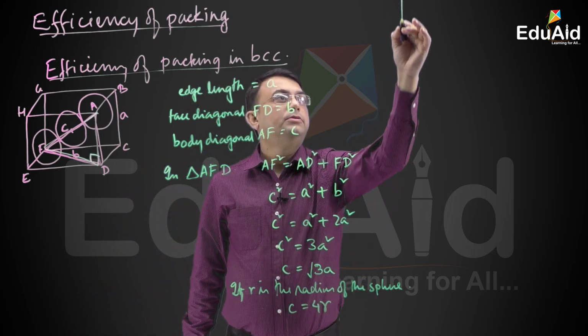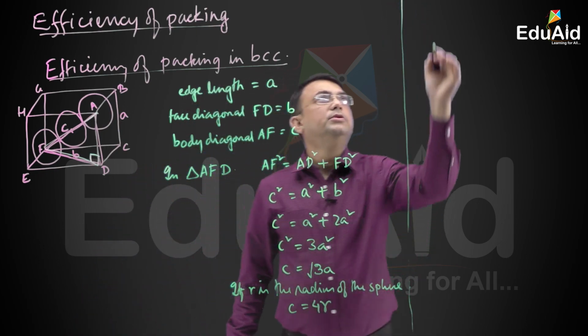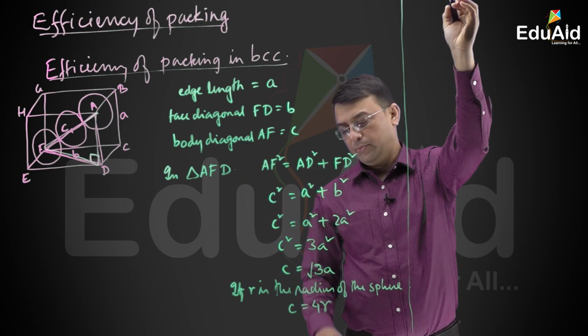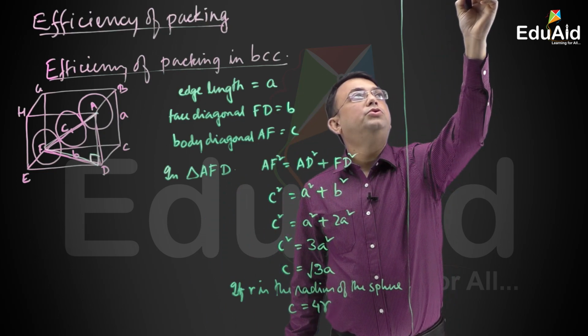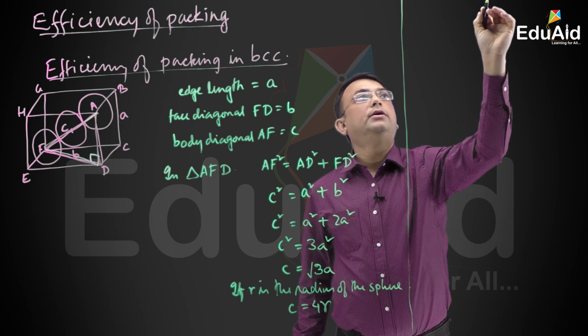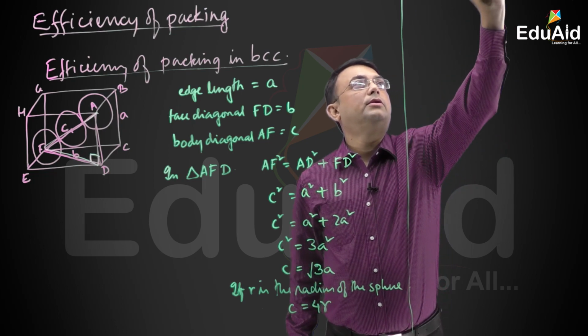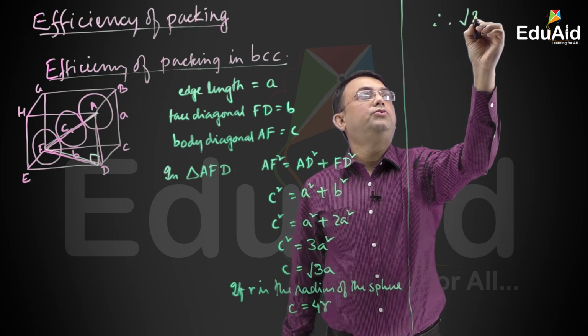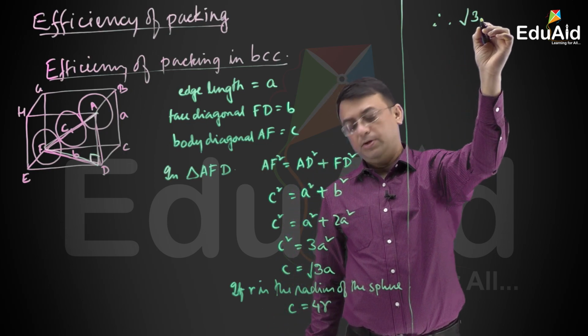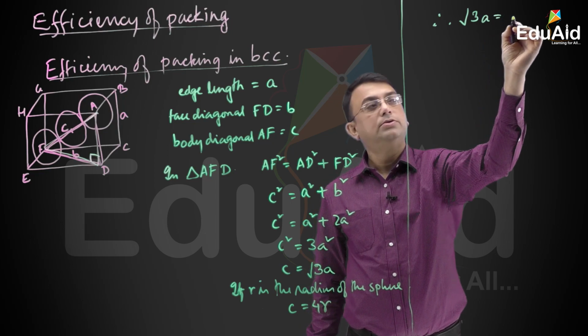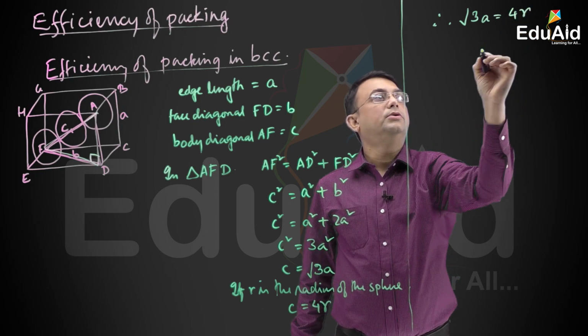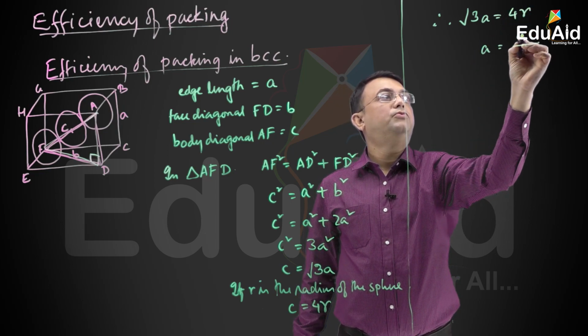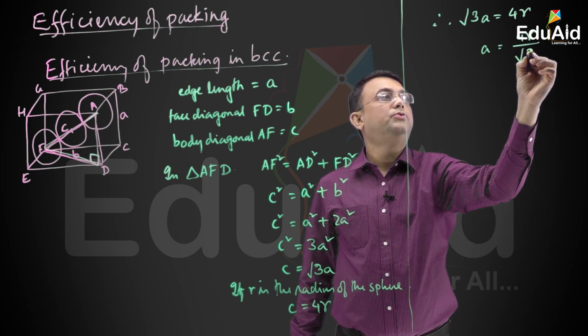Therefore root 3 A equals 4R, or A equals 4R by root 3.